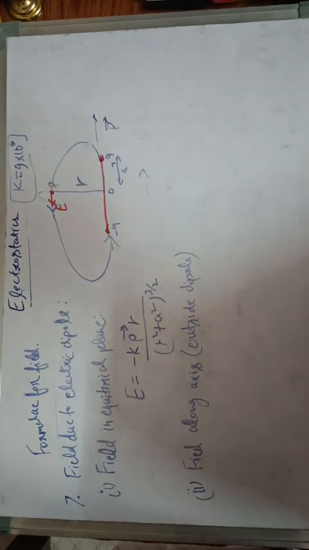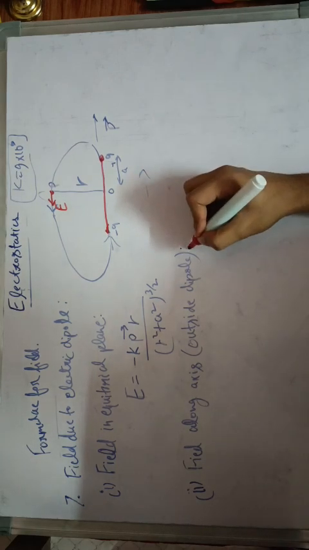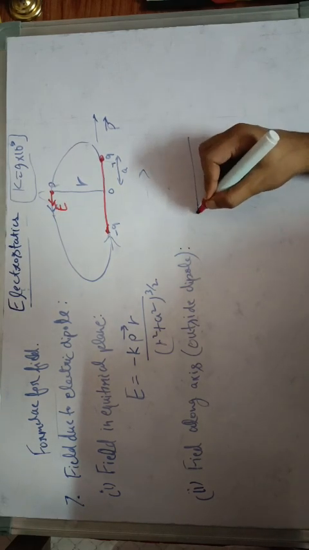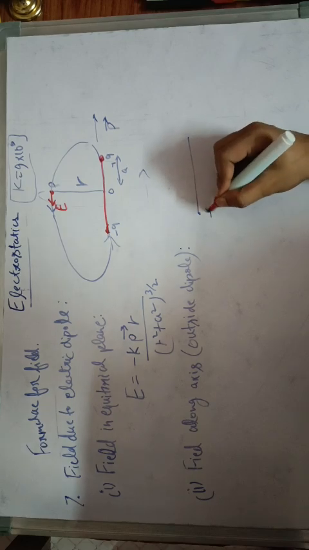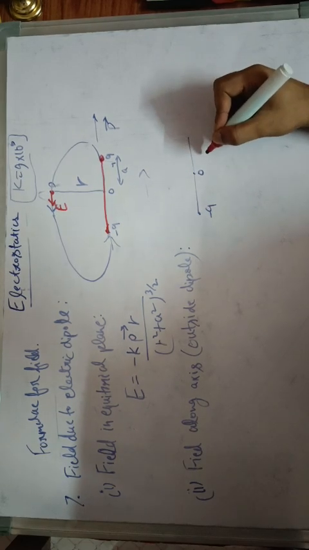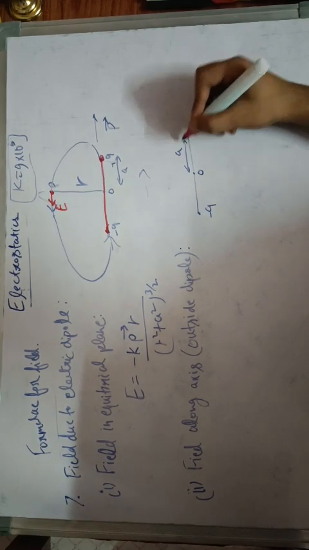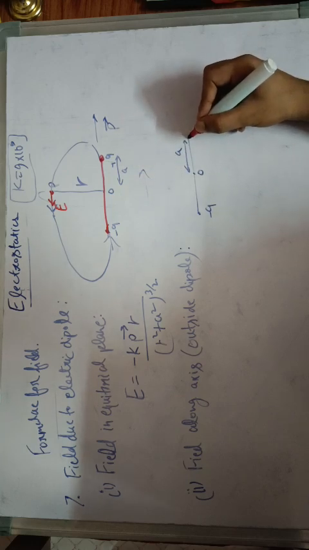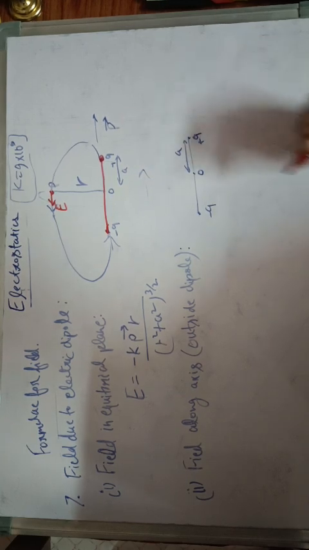This was the field. In case of dipole and the field outside, let's say this is again minus q, this is O, this length is a, both lengths are a, and this is plus q charge.